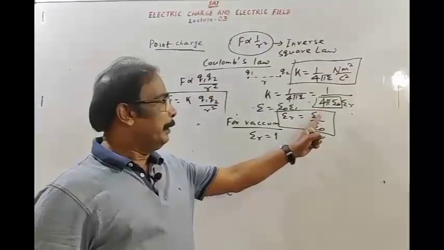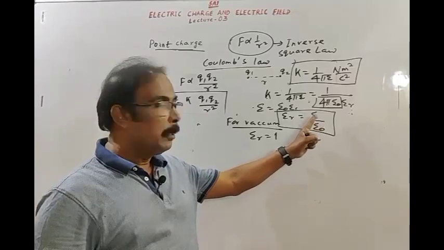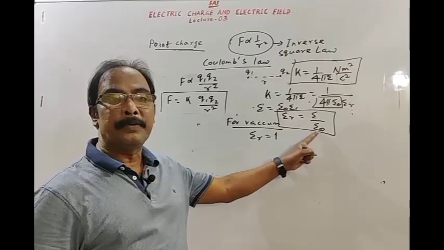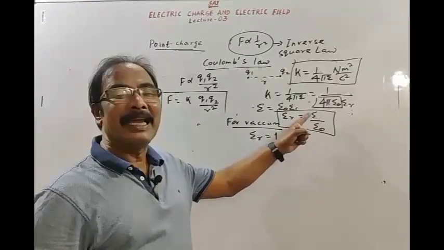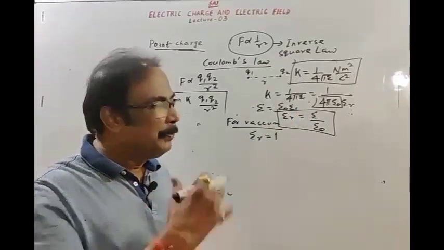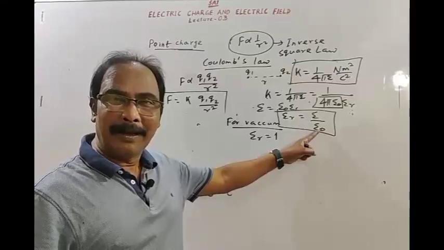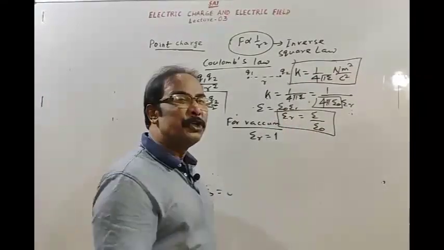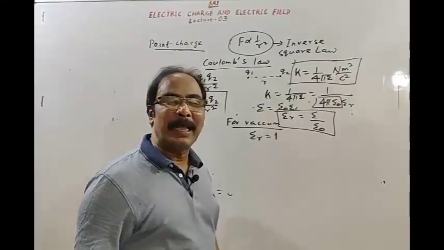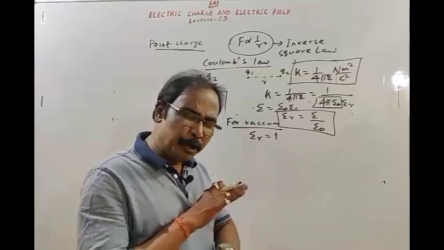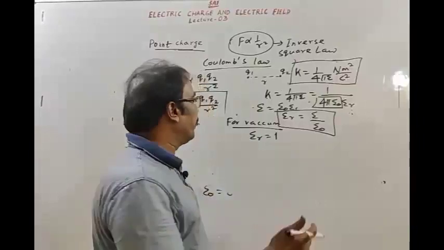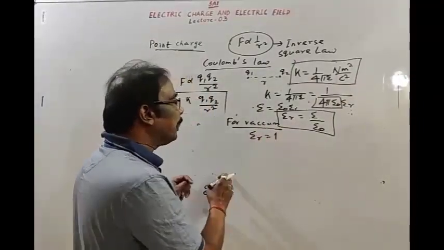The units and dimensions of epsilon, the permittivity, are the same as those of epsilon naught. So epsilon r is a unitless and dimensionless quantity. Again, its value depends upon the nature of medium. Then for vacuum or air, epsilon r is 1.